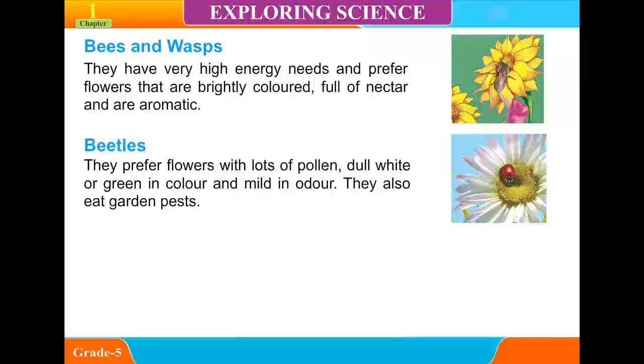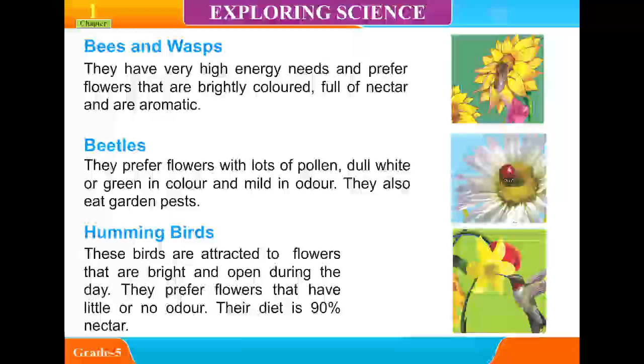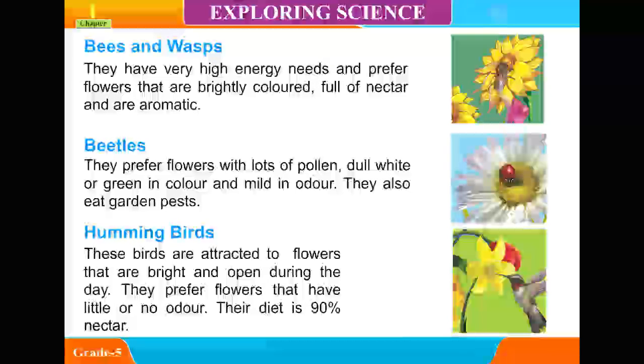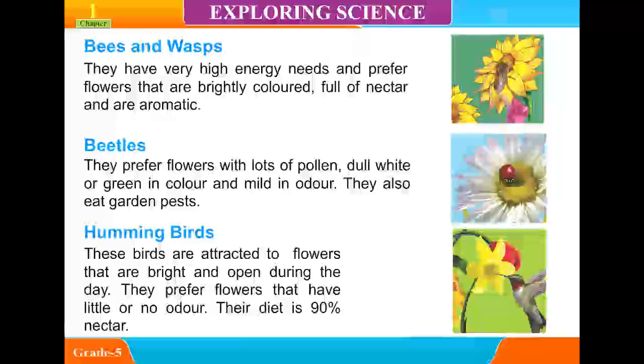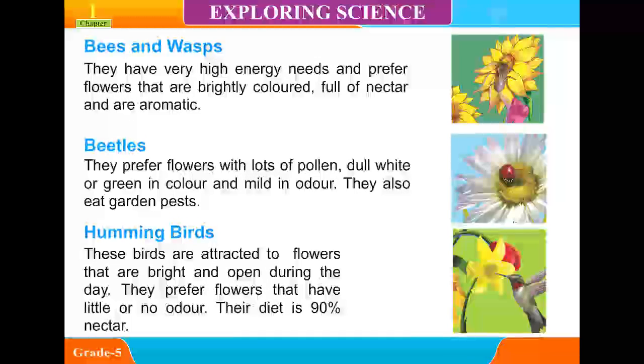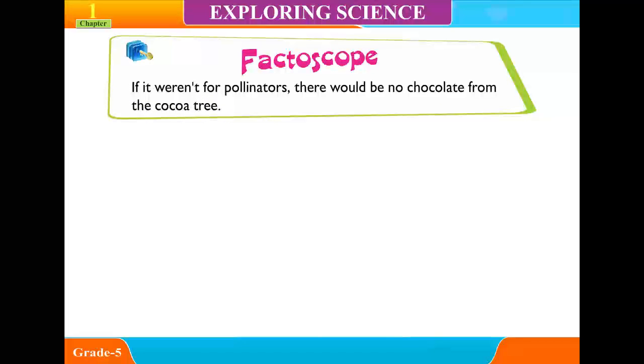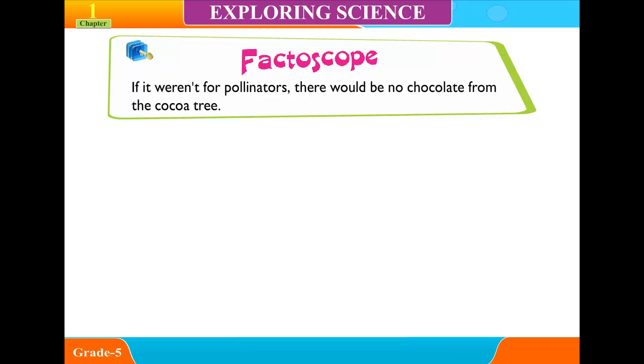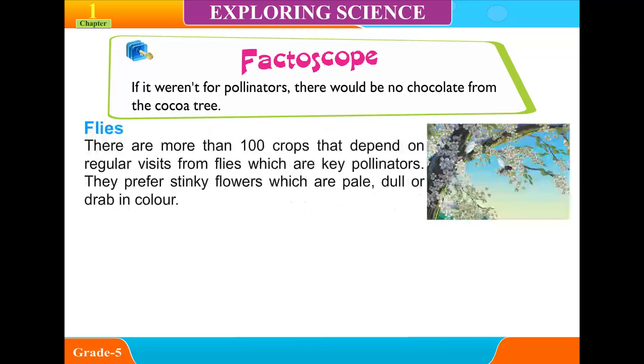They also eat garden pests. Hummingbirds: these birds are attracted to flowers that are bright and open during the day. They prefer flowers that have little or no odor. Their diet is 90% nectar. Factoscope: if it weren't for pollinators, there would be no chocolate from the cocoa tree.